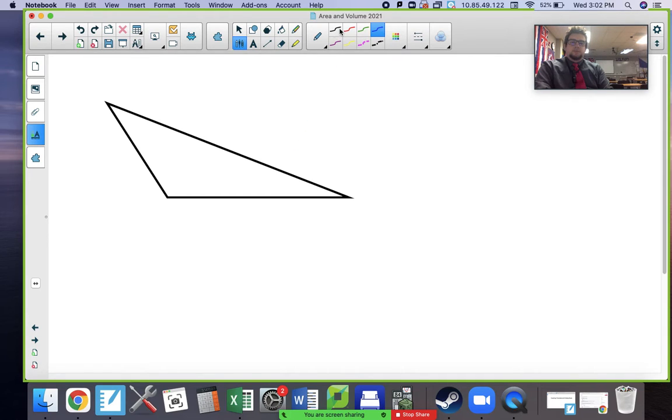Triangle. So let's say we know this side's 7, this side's 8, this side's 9. Again, we don't know any of them are the base or the height. What we need to find is our right angle symbol.